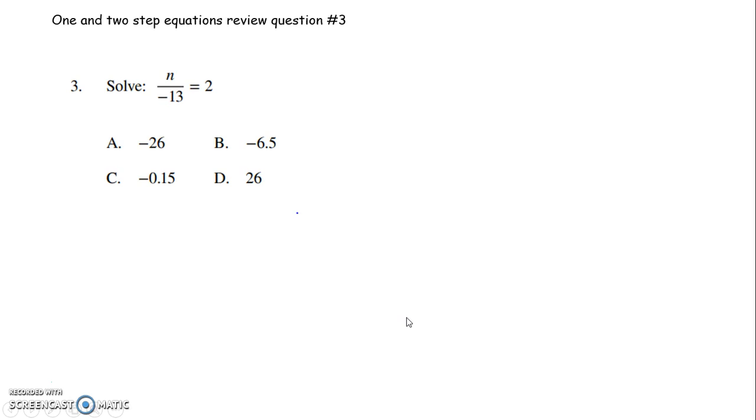All right, so again, I love that the first set of problems here are all one step. So this is just a nice review of undoing our operations. So right here, to isolate n by itself, you say, what's the operation between the n and the 13? Oh, it's n divided by 13. How do we undo division?